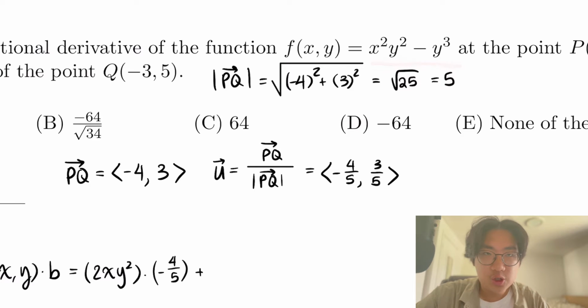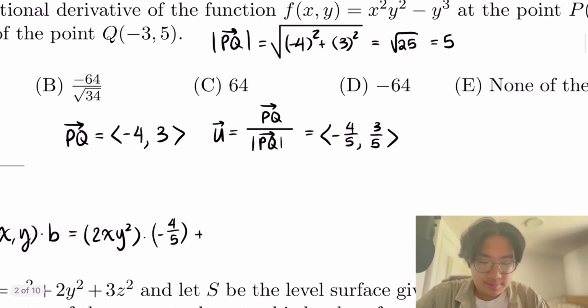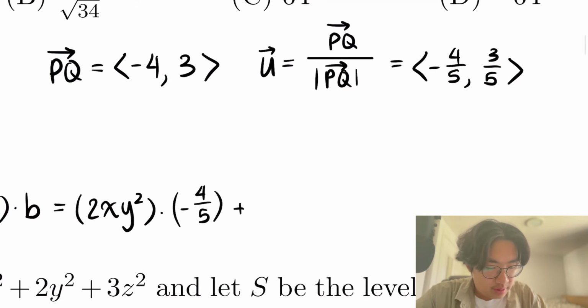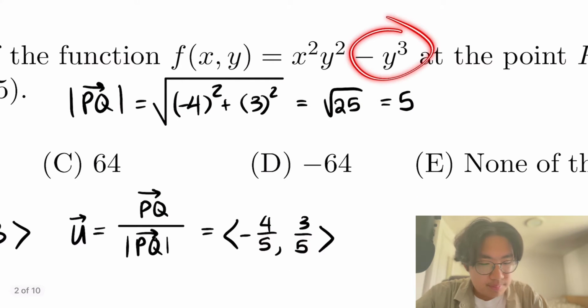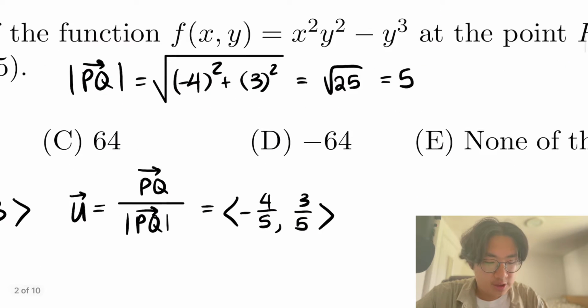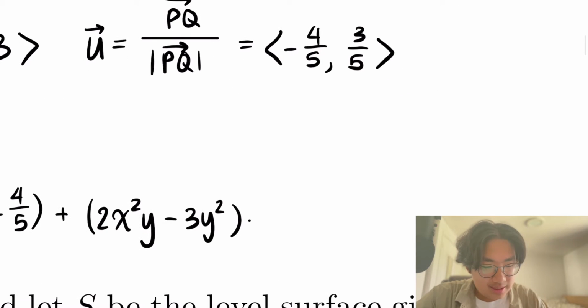In this case, both terms do contain y. So similar idea, we get 2x squared times y. And then over here, it's a minus, so minus y cubed, so minus 3y squared. And then we multiply this by the second component of the unit vector, times 3/5.